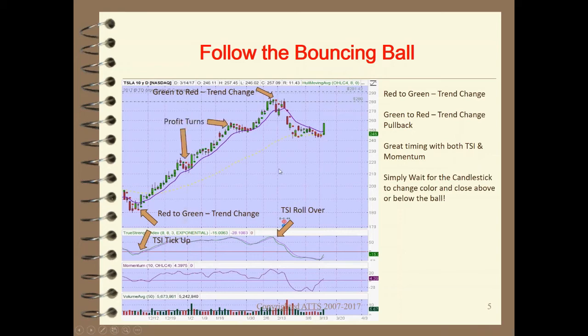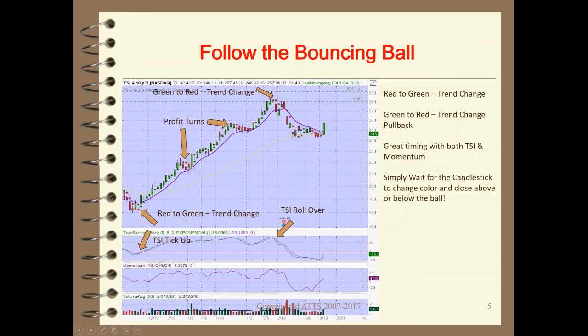On some of these intermediate moves, where it's just a pullback, if you wanted to take the profit off this run, you would wait until you get a red candle closing below a green ball, and then if the low of that candle is violated, that's your exit. Pretty simple.